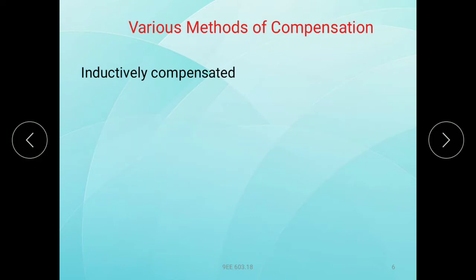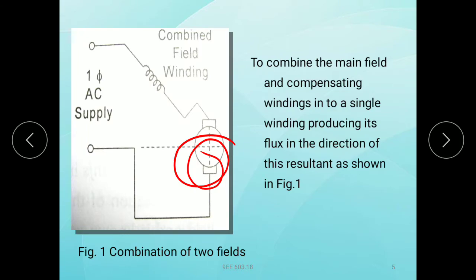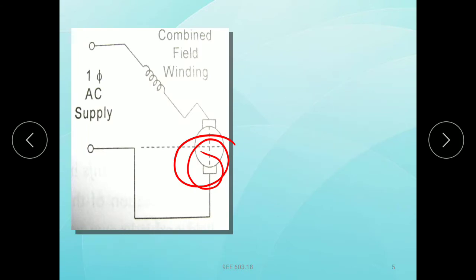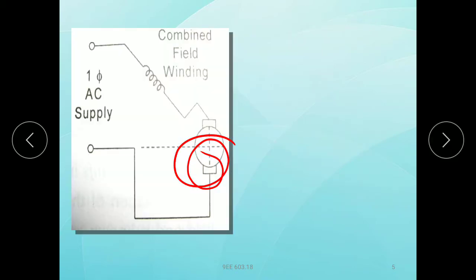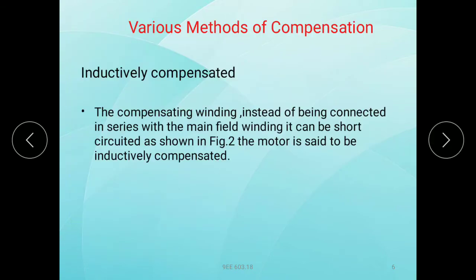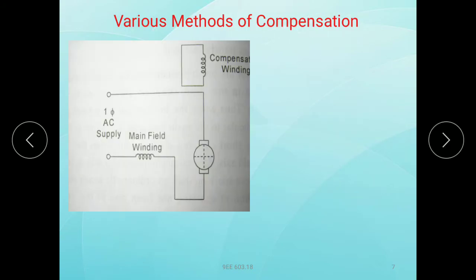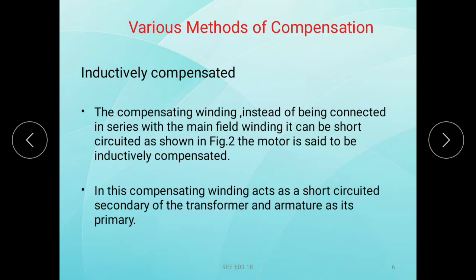See here. The compensated winding, instead of being connected in series with the main field winding, can be short circuited as shown in figure 2.